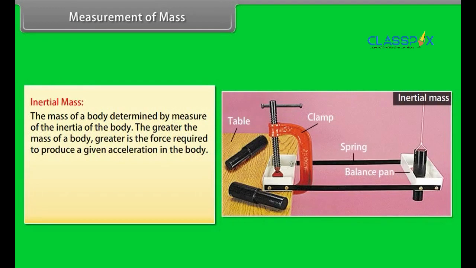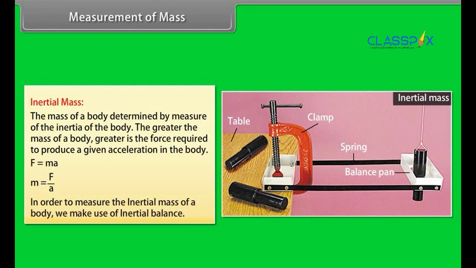The mass of the body is determined by a measure of the inertia of the body. The greater the mass of a body, the greater is the force required to produce a given acceleration in the body. F = ma or m = F/a. Thus, a very heavy body has a larger inertial mass than a light body.